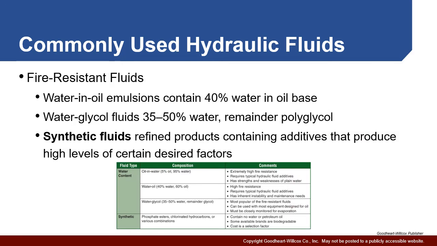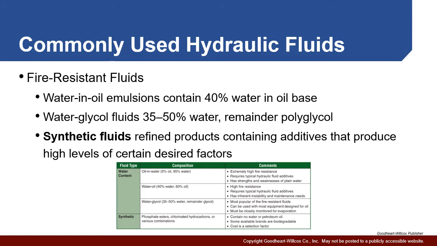In situations where exposure to open flame is unavoidable, or we may be dealing with very high temperatures, we may want to use one of the fire-resistant fluids we have available. For example, that water and oil emulsion we talked about is resistant to fire as long as it contains about 40% water in the oil base.